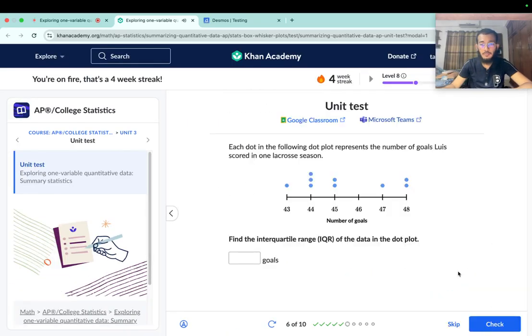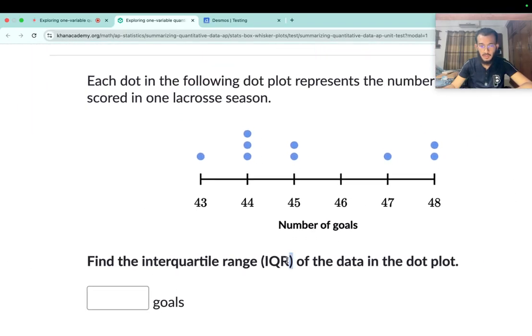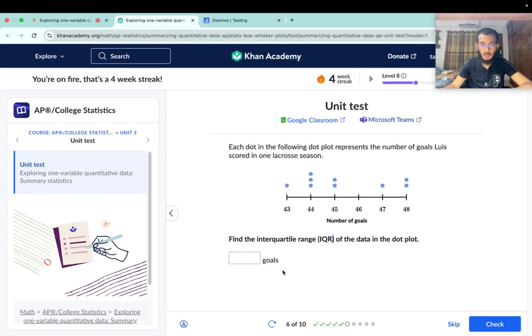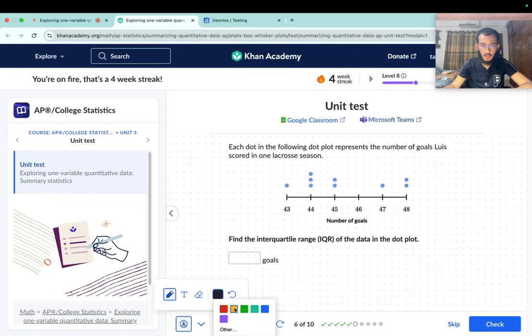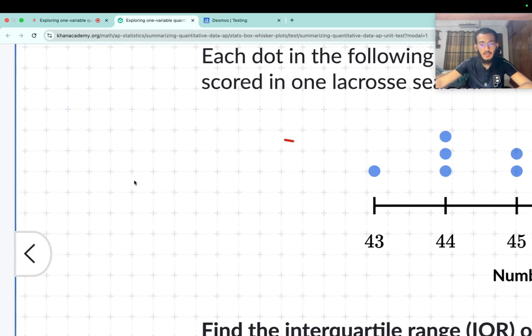Each dot in the following dot plot represents the number of goals Lewis scored in one lacrosse session. Find the interquartile range, IQR, of the data in the dot plot. So the IQR is the difference between Q3 minus Q1. Q3 is 75% of the data, and Q1 is 25% of the data.